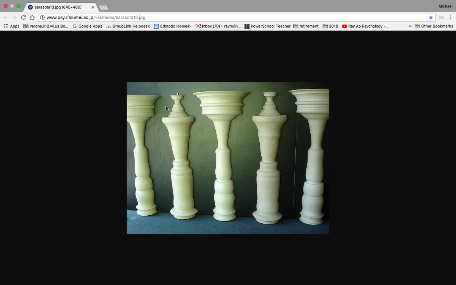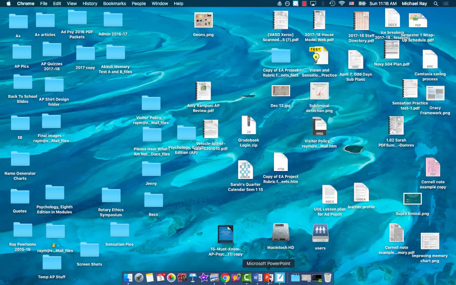Or in between, you can see this person's face here and this face here are looking at each other. So depending on your expectations, for example, you may or you may not see those images, but you probably only see one and not both at the same time.